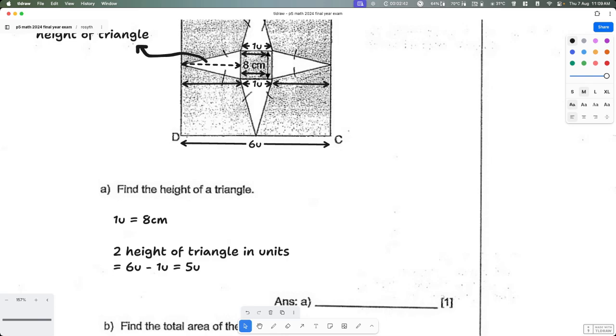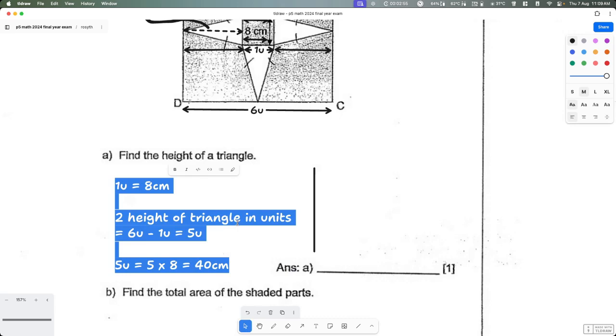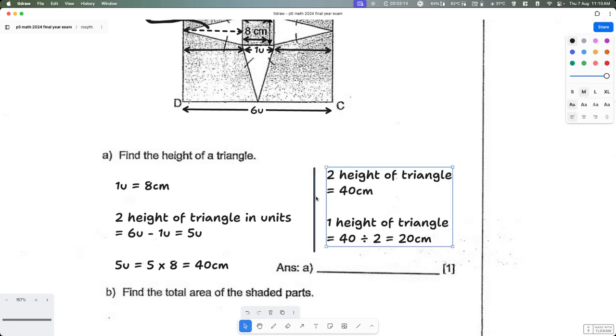So 5 units is equal to 5 times 8, which is 40 centimeters. So if two heights of the triangle is 40 centimeters, one height of the triangle is 40 divided by 2, which gives you 20 centimeters. So the answer to this is 20 centimeters.